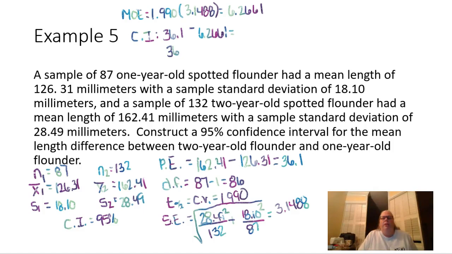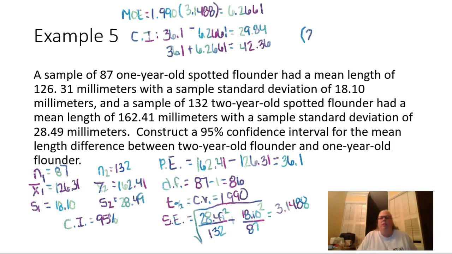I am also going to take my point estimate and add the margin of error, and again round my answer off to two decimal places. When I subtract the margin of error from the point estimate, I have 29.84, and when I add it, I get 42.36.